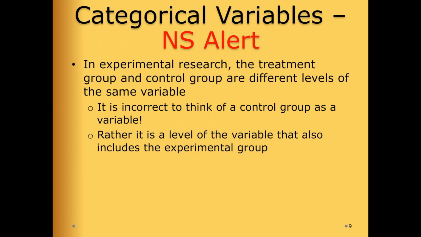The control group and the experimental groups are levels of the same variable. It is a mistake to think of the control group as a variable. Rather, it is a level of a variable. We will learn about the experimental group by comparing their experience on certain variables to the experience of individuals in the control group.